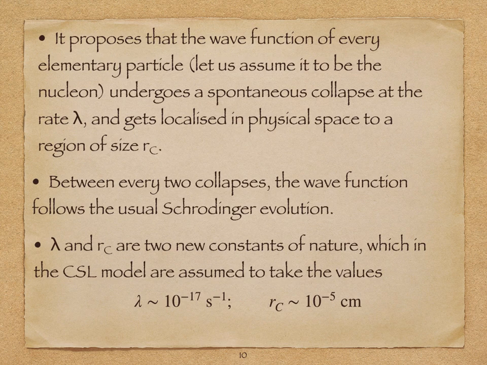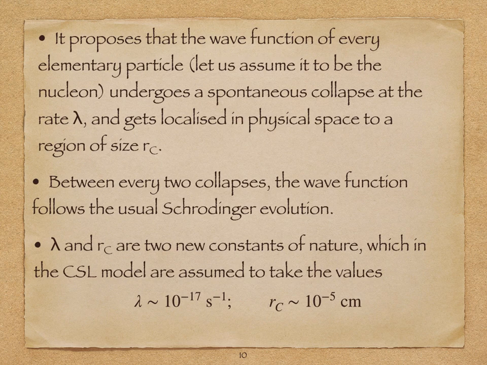Remember, in the measuring apparatus issue, we have a quantum system undergoing Schrodinger evolution, and when it interacts with the measuring apparatus, collapse of the wave function happens. Now we say no. Collapse can happen randomly anytime, and it localizes a particle to some size RC in physical space.